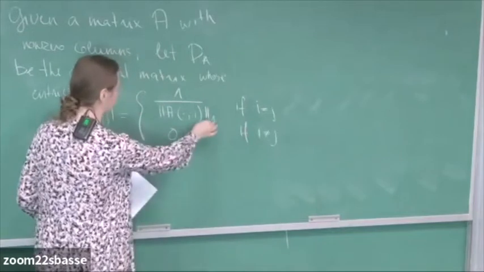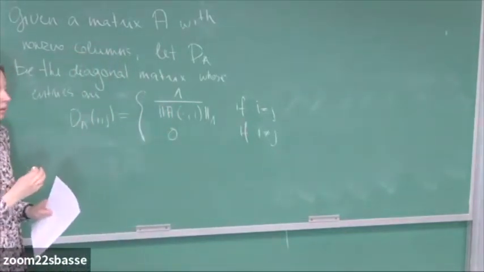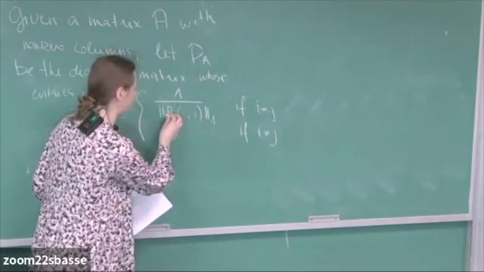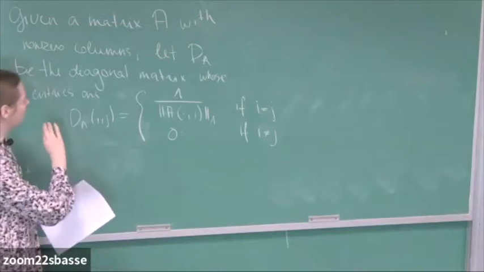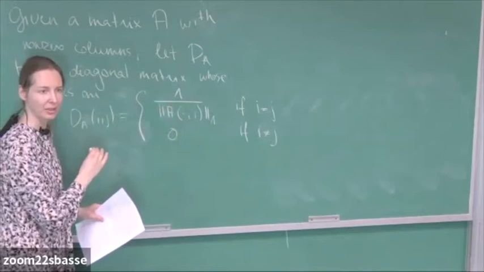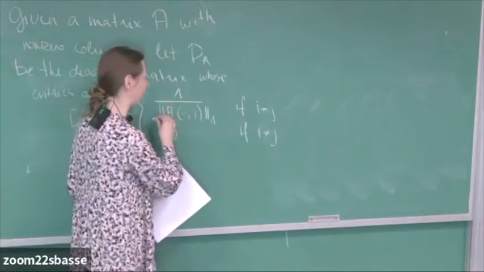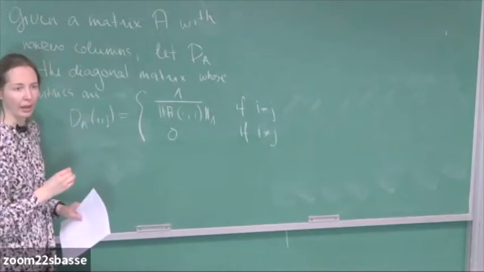What I have written here is the 1-norm of the ith column of A. And because, in our case, the matrices have non-negative entries, this is nothing else than the sum of entries in the ith column of A.